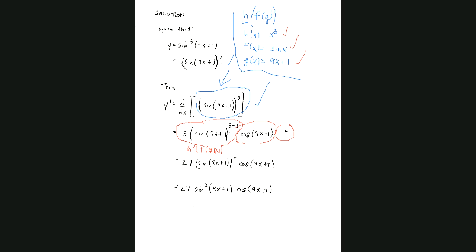The second term is f prime of g of x. And the last term is just g prime of x. 3 links in the chain.